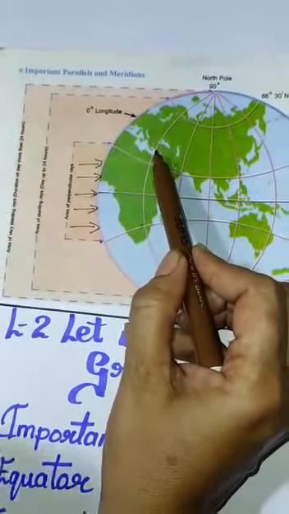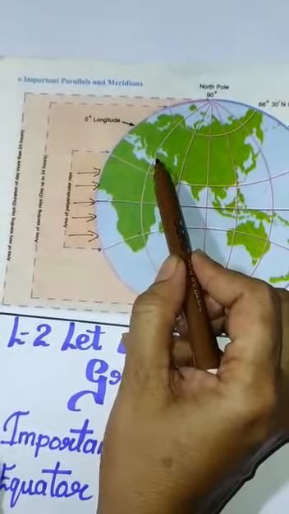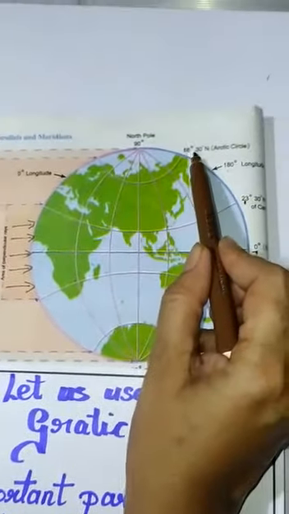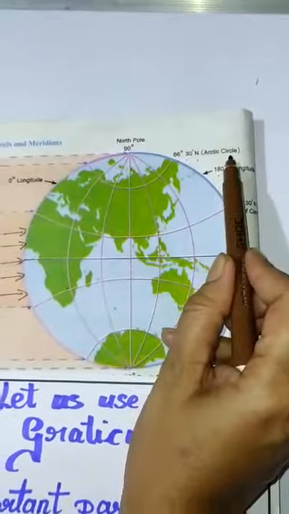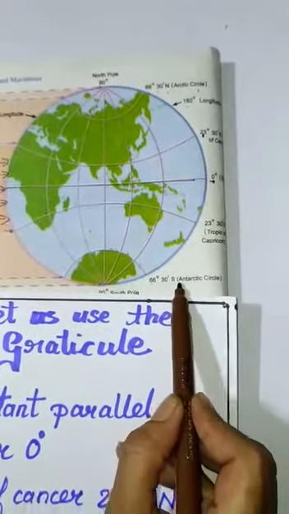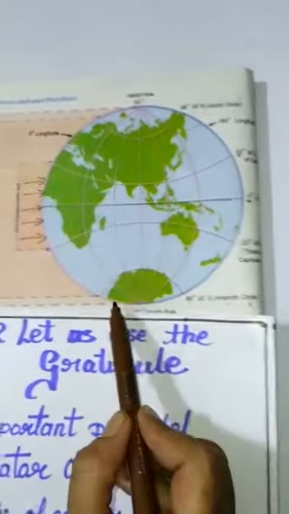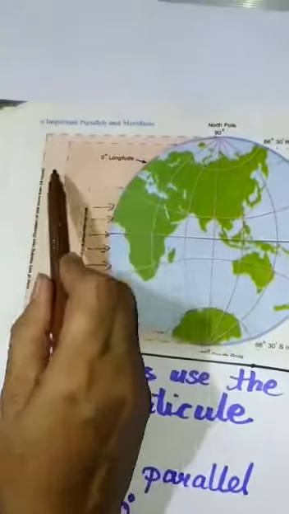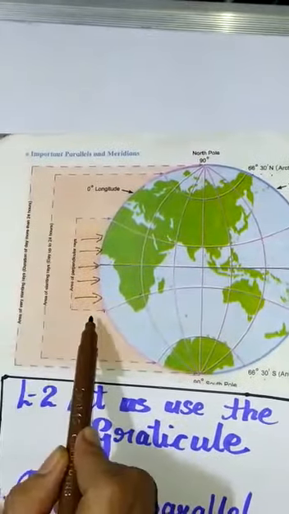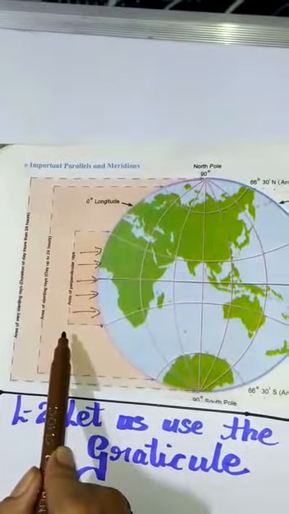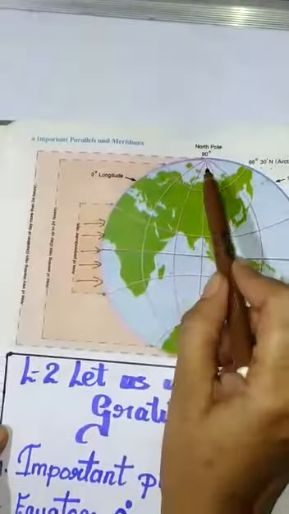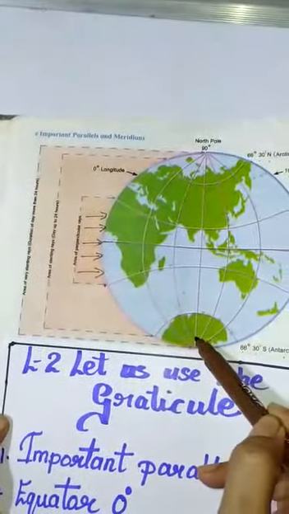Then as we go higher away from the equator, it is 66 degree 30 minutes north, that is Arctic Circle, and 66 degree 30 minutes south, that is Antarctic Circle. Here the rays of the sun are totally slanting, very slanting. Here in this area the temperature is very cold.